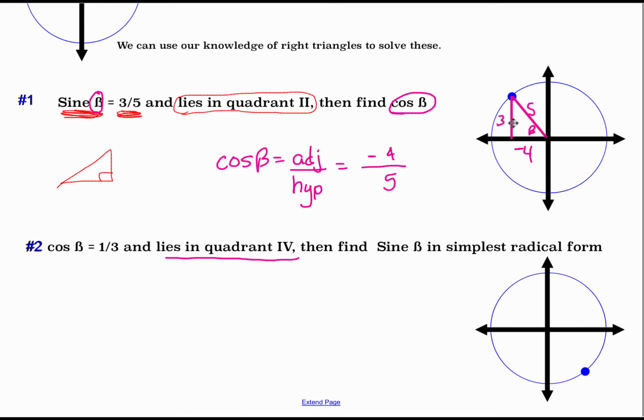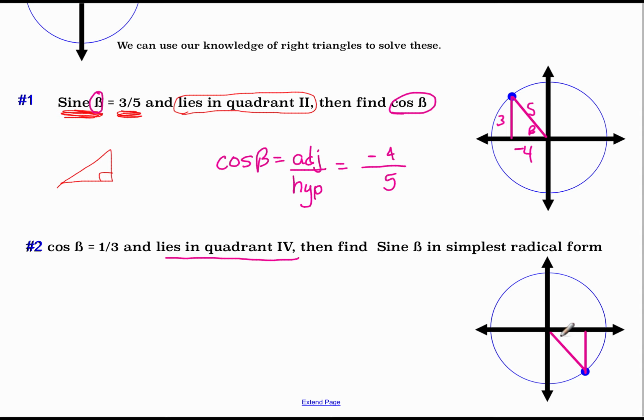Same thing's going to happen. I'm going to create a right triangle. So in this case, the man is looking down to the point, and then we drop a line to the x-axis only. And we create a right triangle.